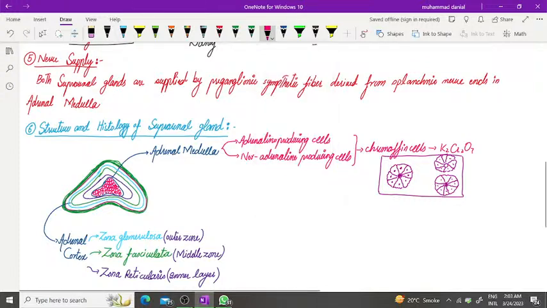If I make a bigger picture of these adrenal medullary cells, they will look like the shape I have just drawn under the chromaffin cells.